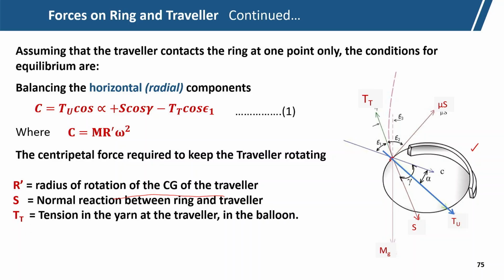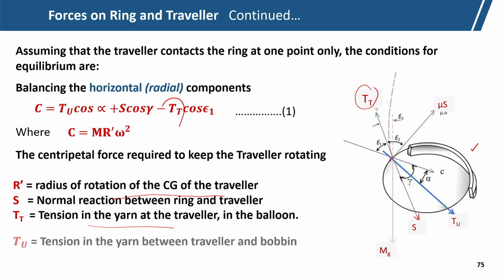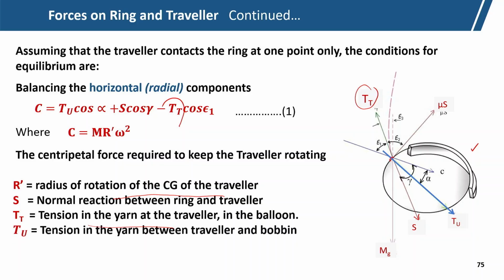Tt is the tension in the yarn at the traveler in the balloon, that is the balloon tension you can see, and Tu is the tension in the yarn between traveler and bobbin.